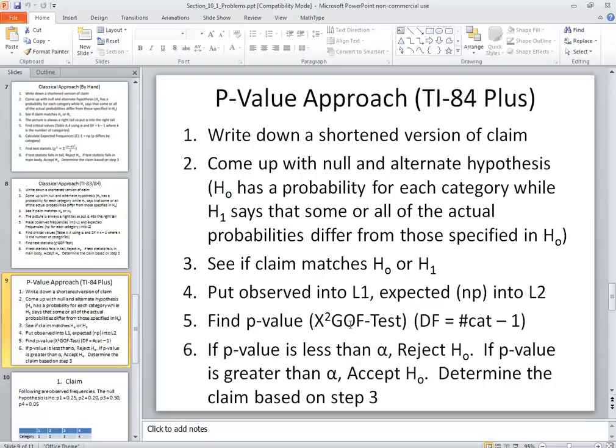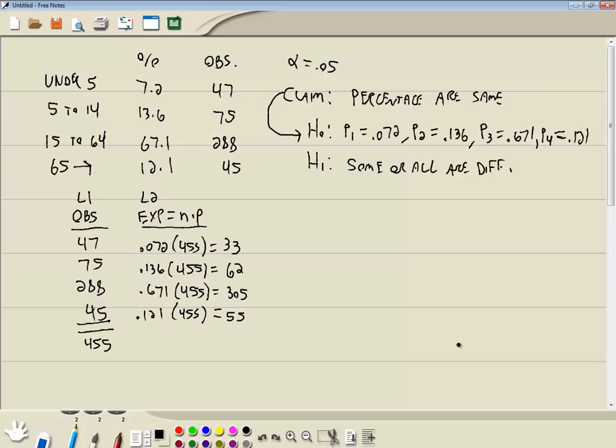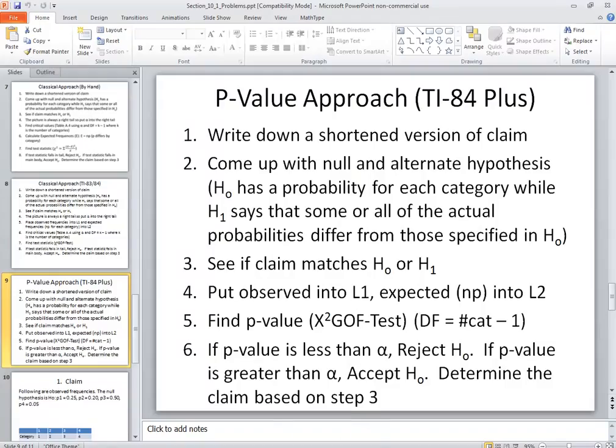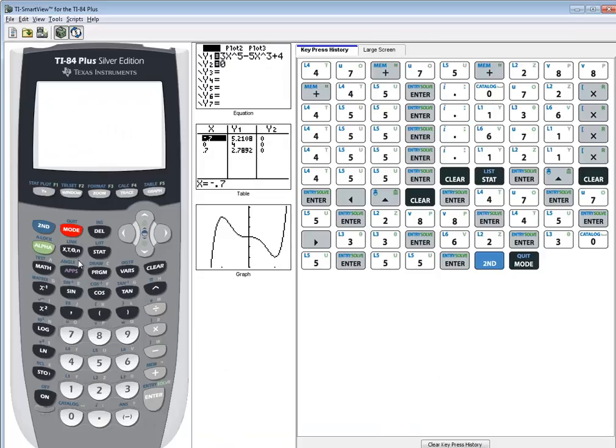And now it says find p-value. And we're going to use the chi-square goodness of fit test. Degree of freedom is number of categories minus 1. Number of categories. Well, we have 4 categories. So our degree of freedom is going to be 4 minus 1, which gives us 3. Okay, so come over here. I'll press my stat.